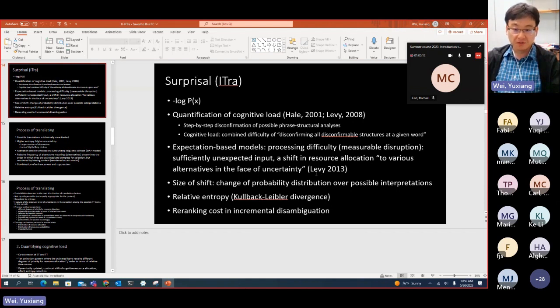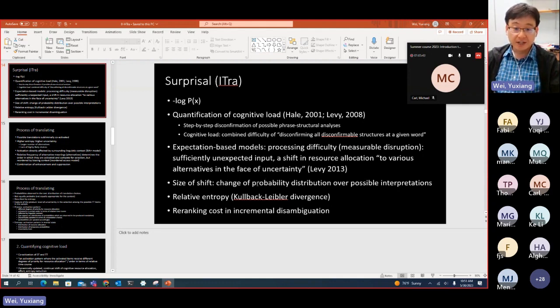As Levy argues in his work, the size of this shift is indicative of the cognitive effort in this process, and therefore can be used as a quantification of that effort. The size of this shift can be calculated from the change of the probability distribution over possible interpretations before and after the current word in question.